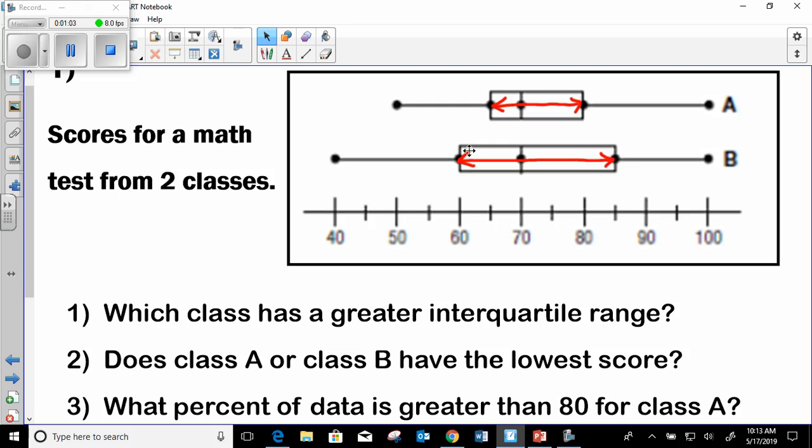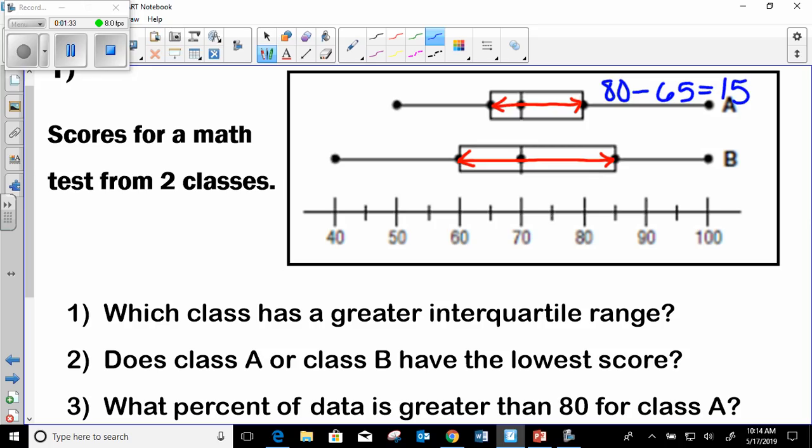So what you would have to do is basically do the math. So on the first box, what do you see? What's the range on the first, class A? What do you see? What's the highest number? 80. Minus, what is that? 65. So what's your range? 15.